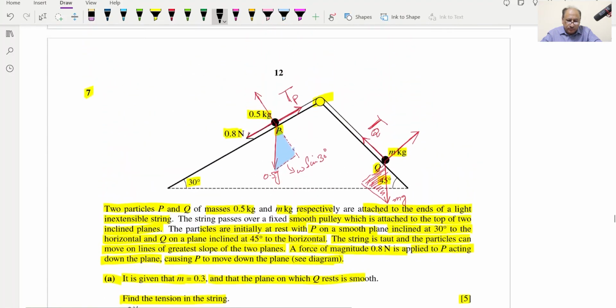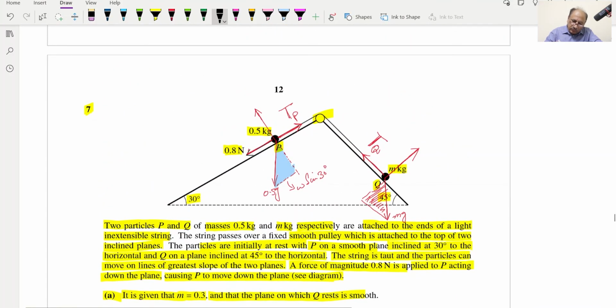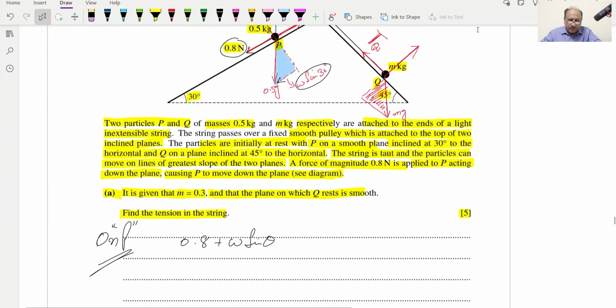This will also be downward, so this force is left side, this is left side, and the right side is TP. So we will subtract, because the object is moving down, so T will be lesser, so TP will be lesser, and this will be equal to MA, which is 0.5 into A.